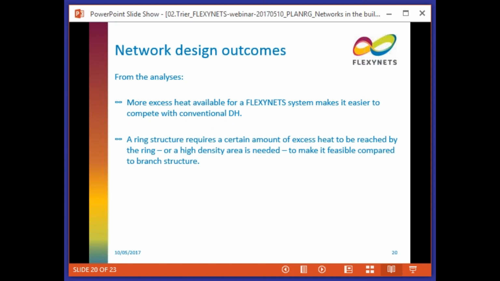And also a ring structure seems to require a certain amount of excess heat to be reached by the ring, or a more high density area to make it feasible compared to a branch structure.